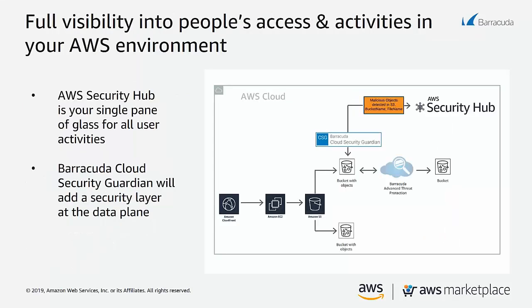So we talked a little bit about Security Hub as being that single pane of glass, and what it's designed to do is bring in information from a whole bunch of different services and endpoints. So information from your firewalls, from your endpoint protection tools, vulnerability scanners, things like GuardDuty, Inspector, and Macie, as well as partner solutions, as we see on the diagram here.